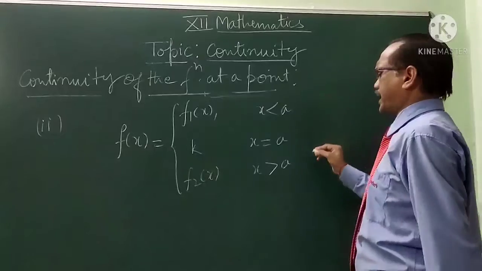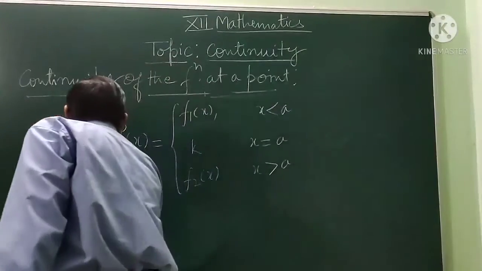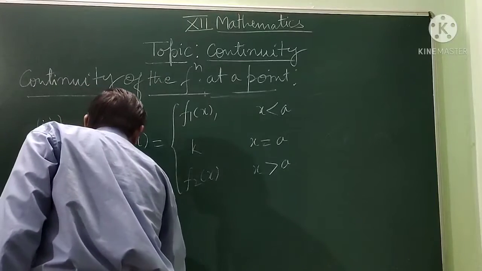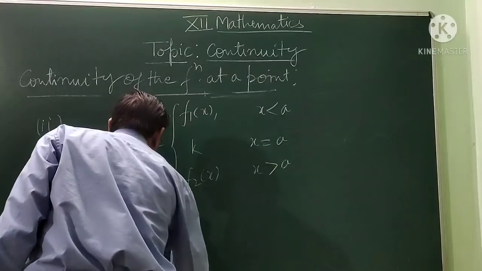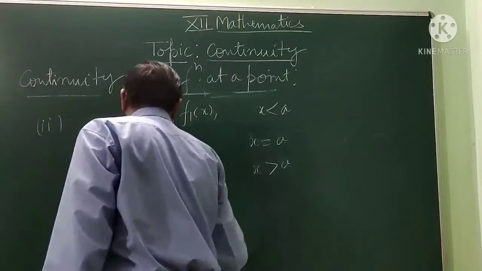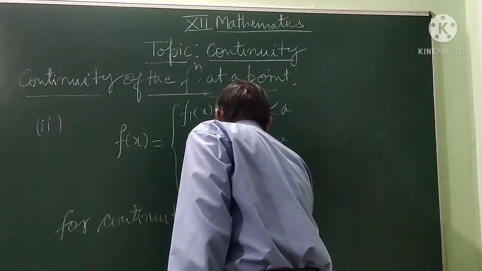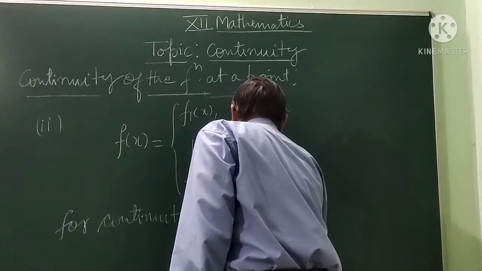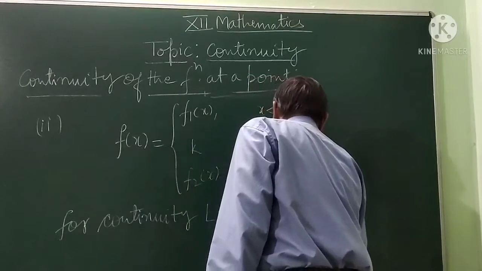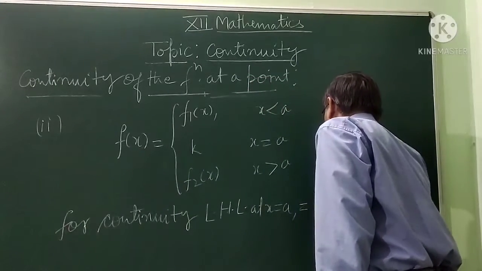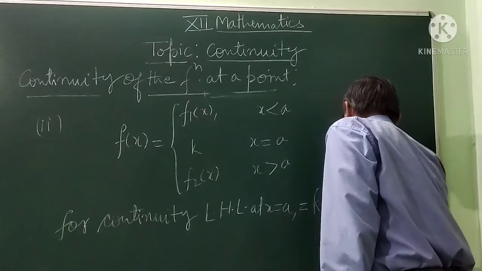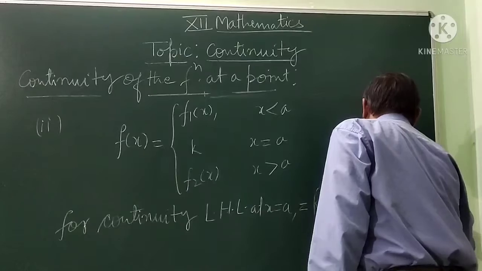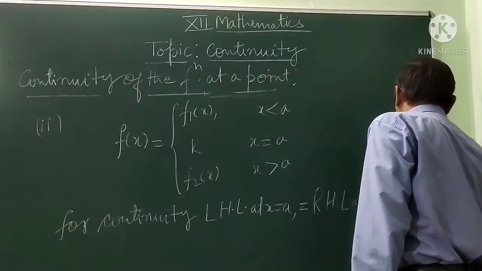For continuity, the left hand limit at x equal to a equals the right hand limit at x equal to a and the value of the function, which is f(a).